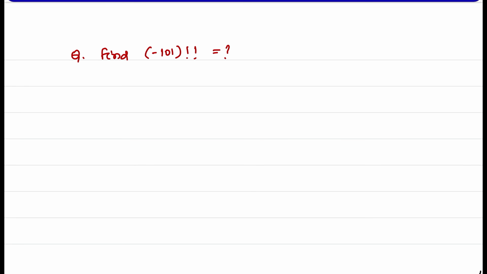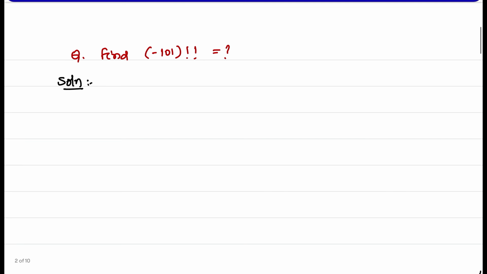Here we are required to find the value of minus 101 double factorial. We are required to define the meaning of the double factorial and also to find whether the double factorial exists for negative values. The solution goes like this.